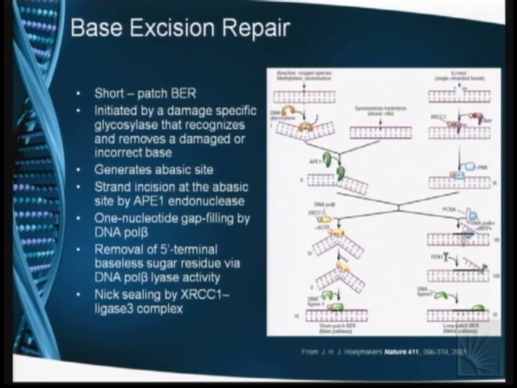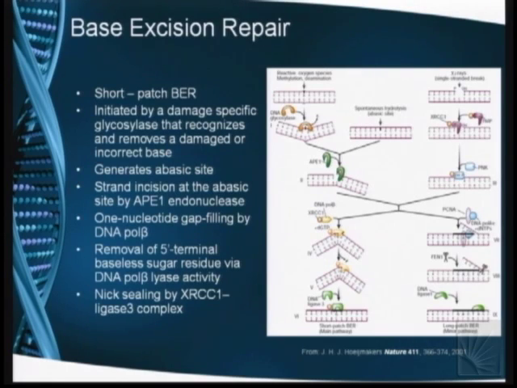The second pathway that we're interested in is the base excision repair pathway, and the base excision repair pathway actually occurs all through the cell cycle, whereas mismatch repair is most dominant in the S phase, where you actually replicate your DNA. And the base excision repair pathway is responsible for removing single base damages, and they can happen anywhere or anytime during the cell cycle.